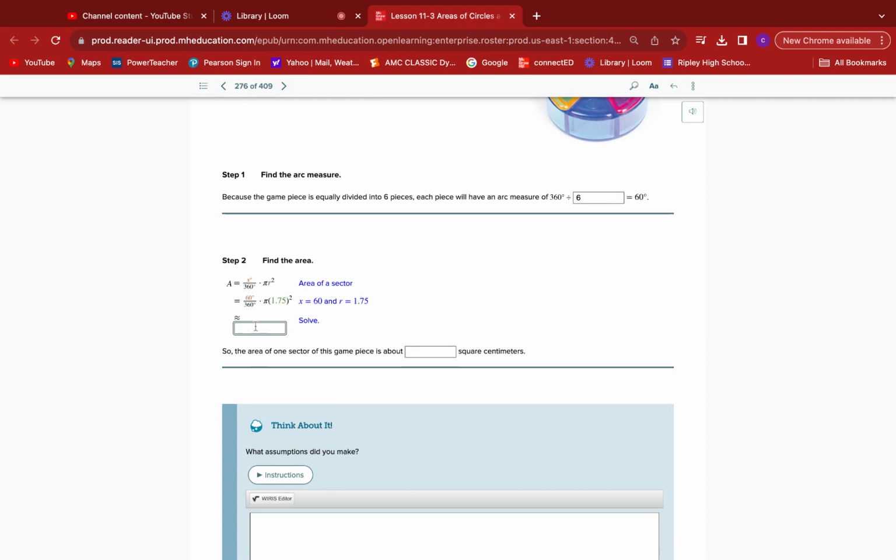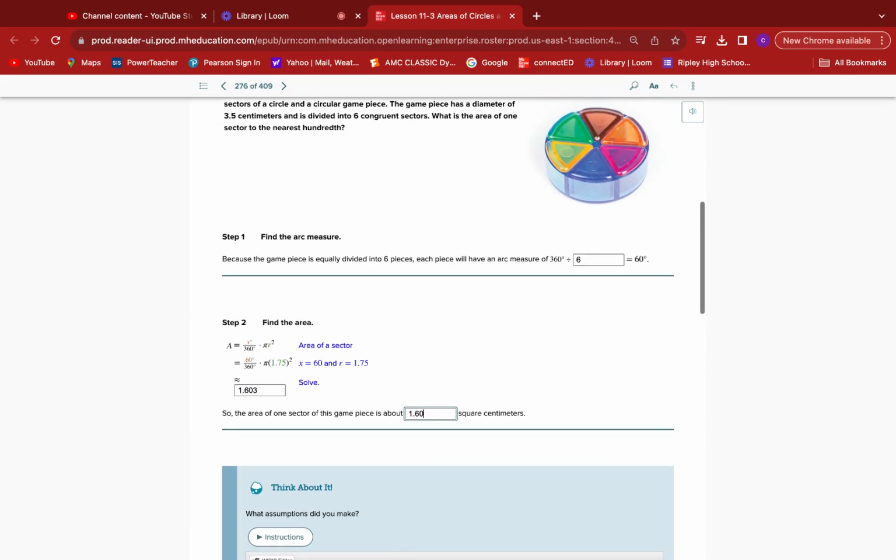So it looks like it's approximately, and rounding to the nearest hundredth, 1.603. But 3 does not make the 0 change, so it's 1.60. And that's going to be squared centimeters. So there's the area of one of these pieces. Like, for instance, it's the area of this blue piece.